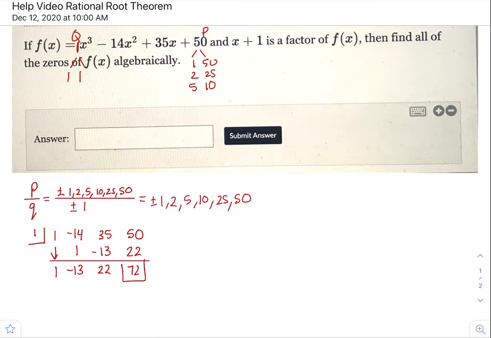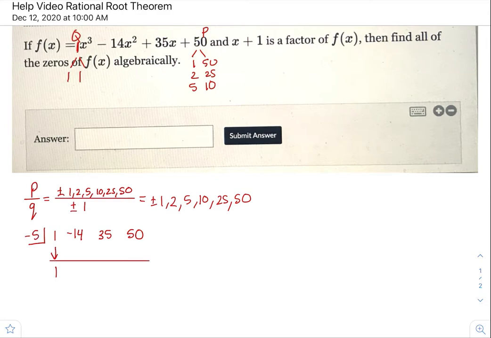This is part of the process: you have to find a zero from this list, plug it in, and check. It's just a continuous thing, right?